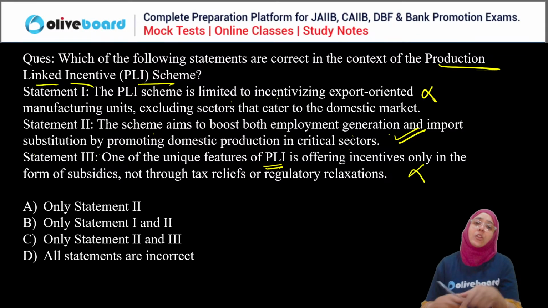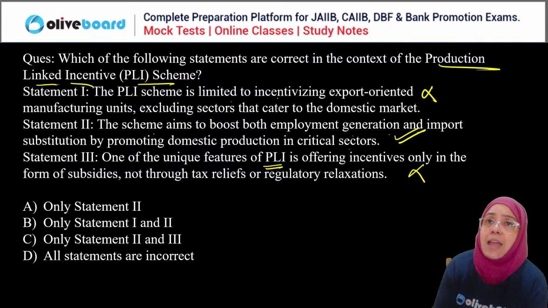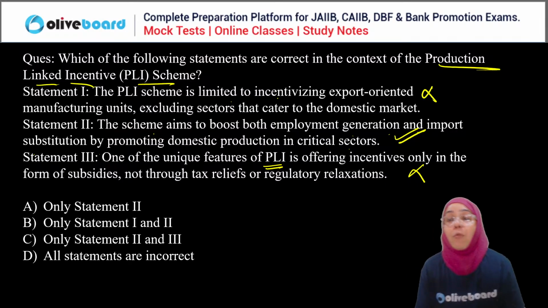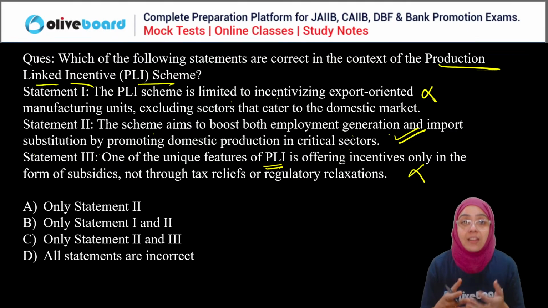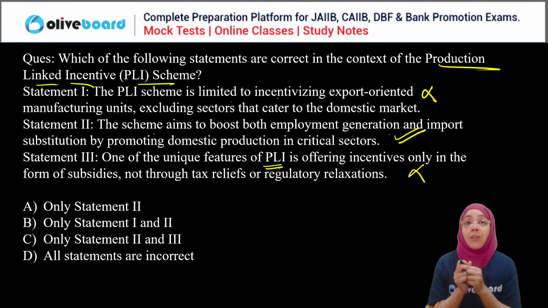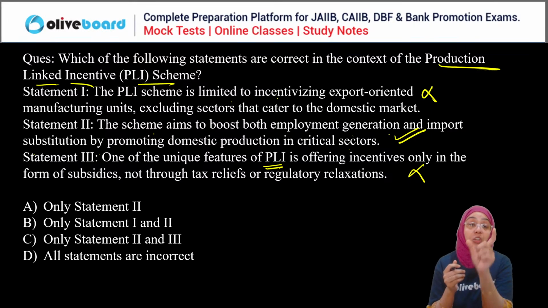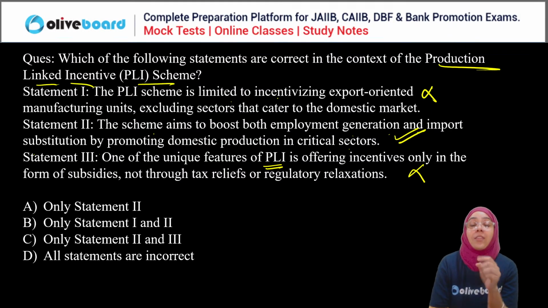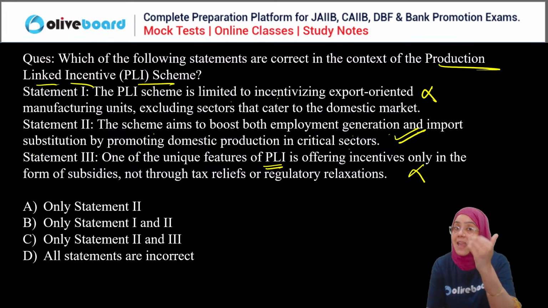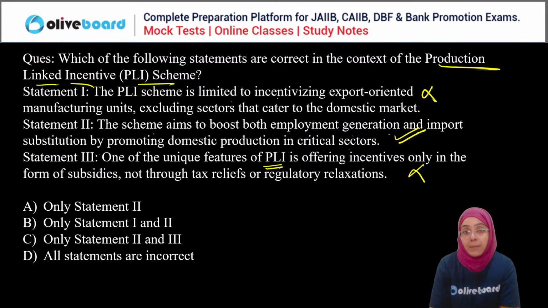How? I told you in the last theory class that the production linked incentive scheme provides different types of incentives, like subsidies and tax reduction. I used the same line: the more you produce, the less tax you have to give. Remember this line.